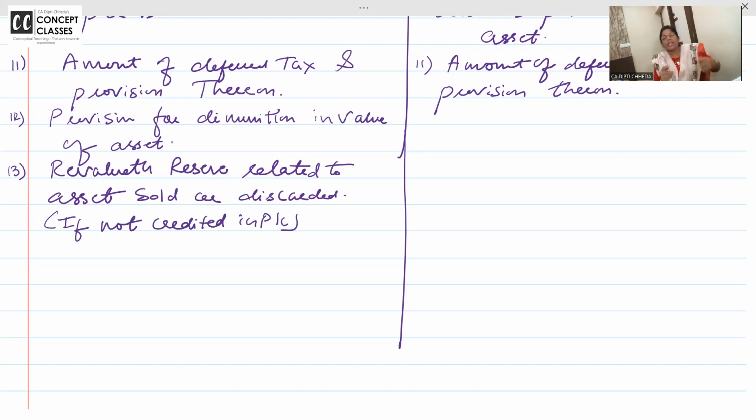Dear students, if the revaluation reserve related to the asset is already credited in the P&L, what should I do, add or less? I want the answer from all of you. Revaluation reserve related to assets sold is already credited to the P&L account. So it is lying in the P&L; should I add it or less it? What should I do?